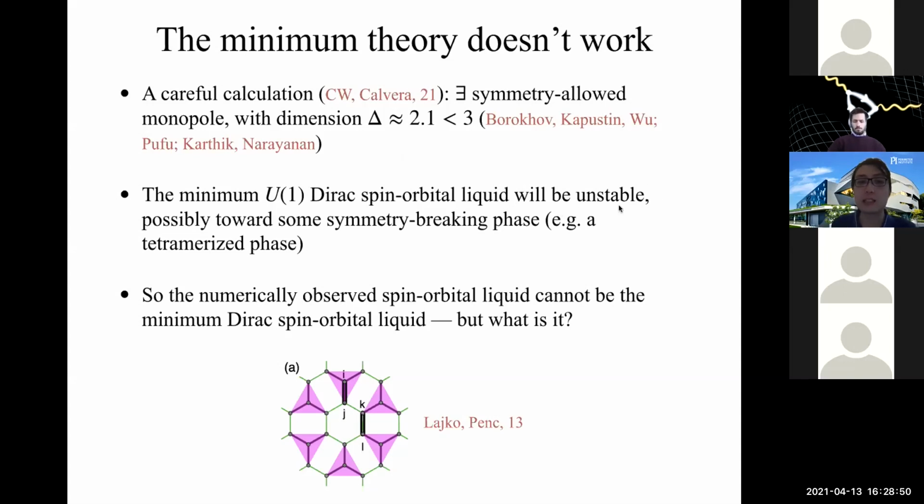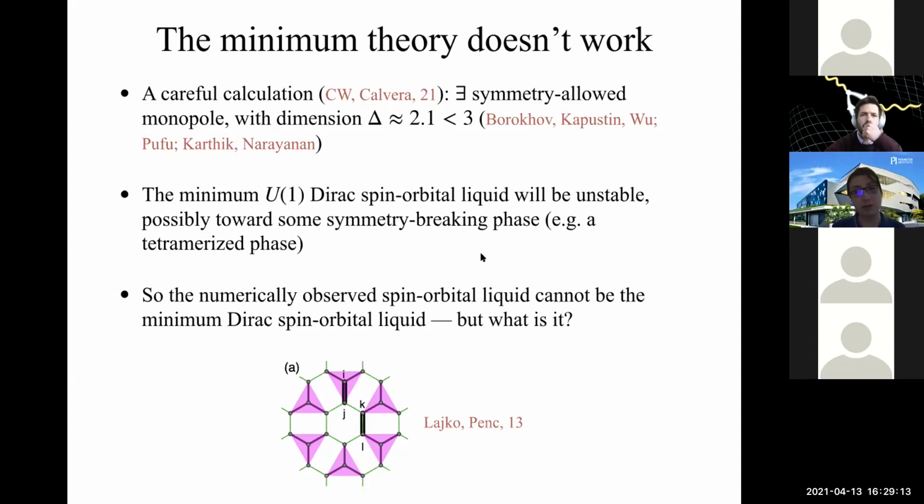So it will be unstable, driven by the symmetry allowed monopole perturbation. We don't know what exactly it's unstable to. I mean, the monopole in general drives it to some strong coupling regime. But the most natural expectation is it probably induces something like a spontaneous symmetry breaking phase.